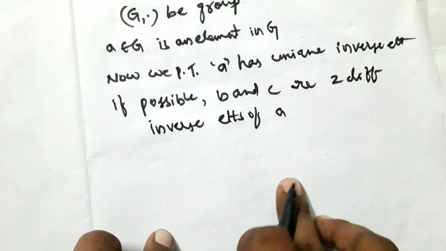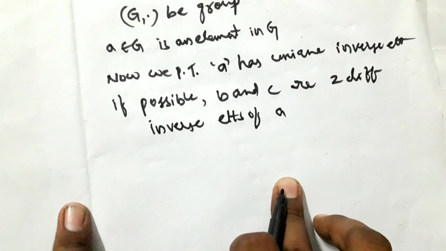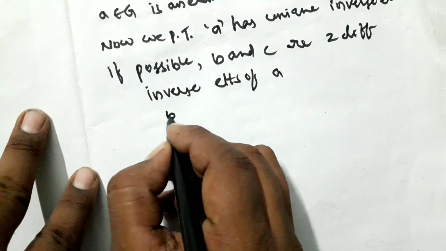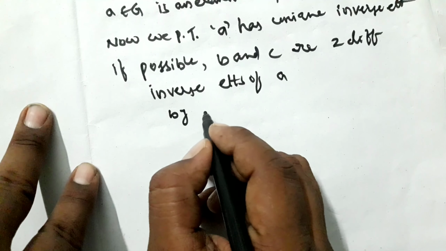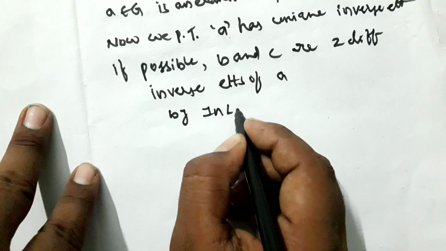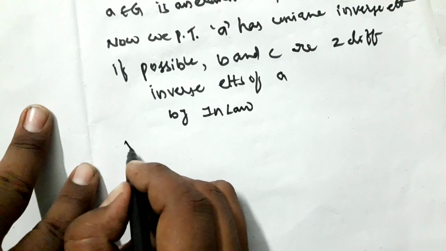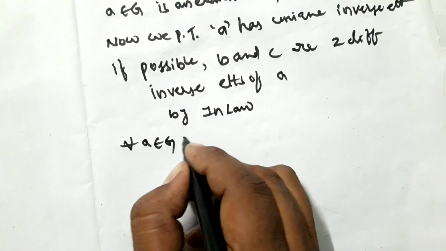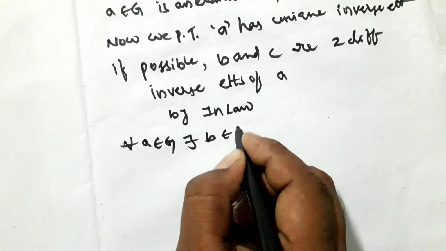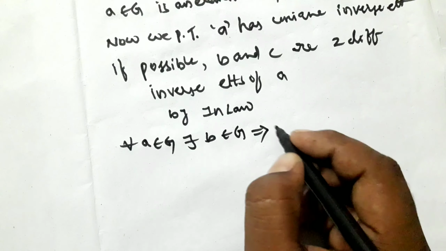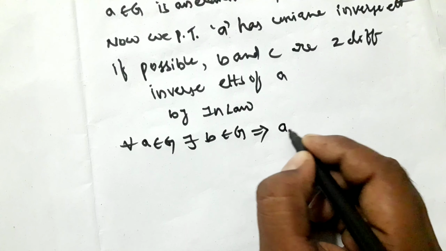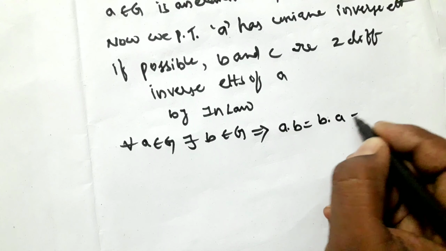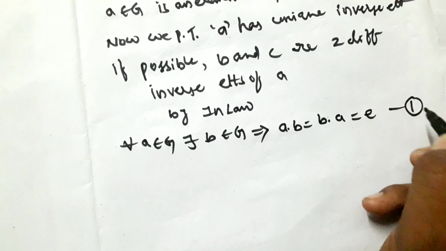That means b and c satisfy the inverse law with respect to the binary operation dot. By the inverse law, a is an element in G, a belongs to G, there exists an inverse element b belongs to G. By the condition of inverse law, a dot b equals b dot a equals e. This is equation number 1.